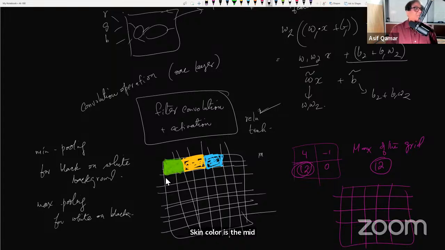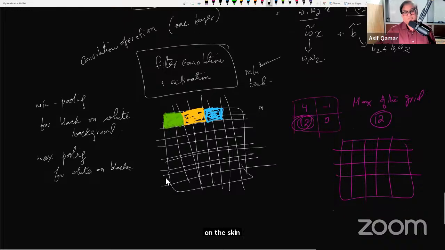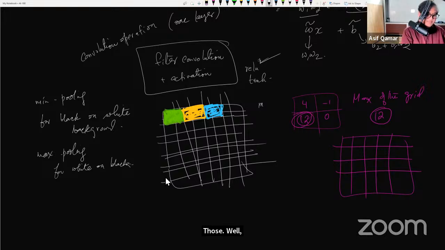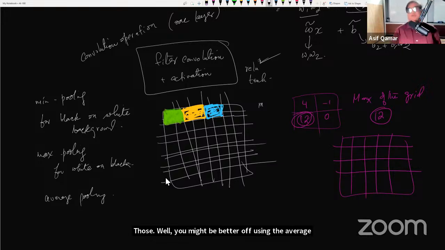And you want to focus on the skin tones, like a baby's face and so forth. Those, well, you might be better off using the average pooling, right, for such situations.